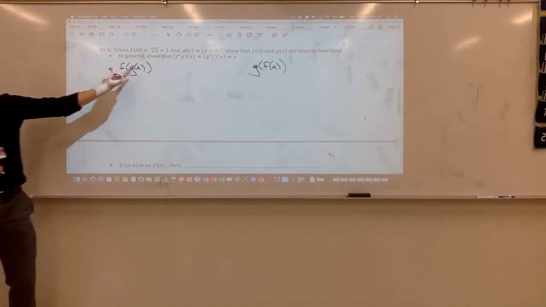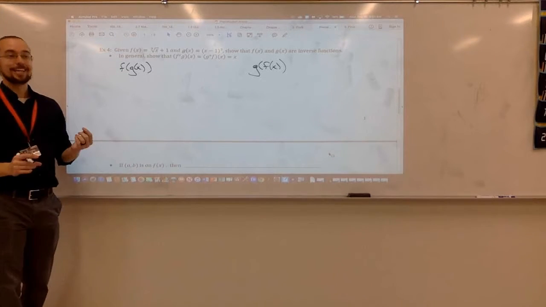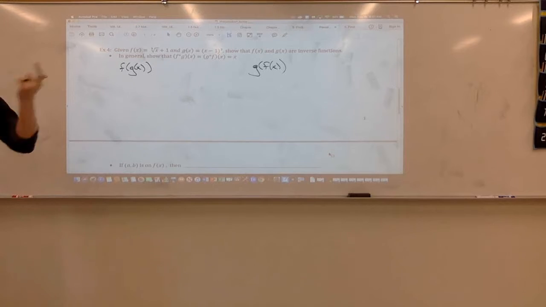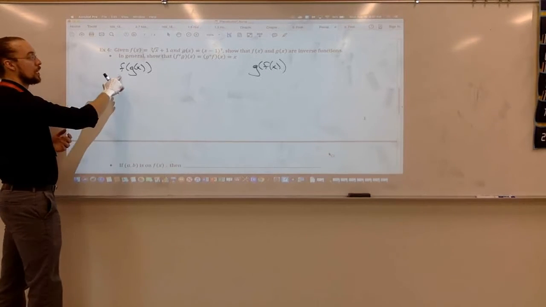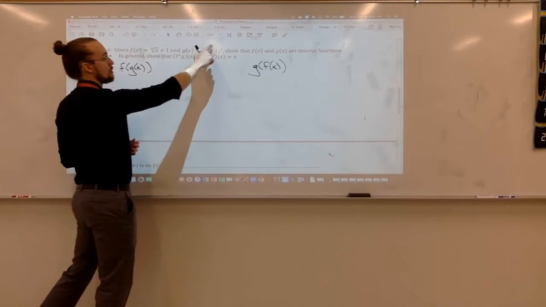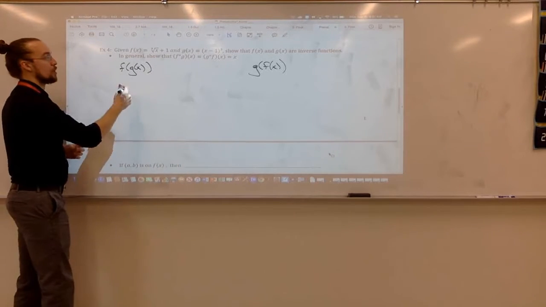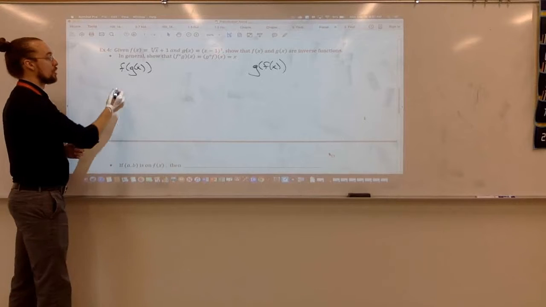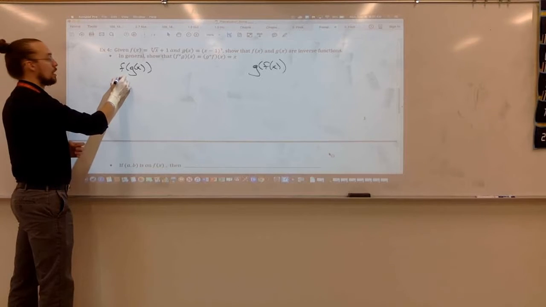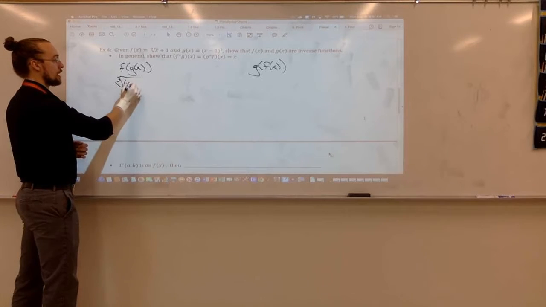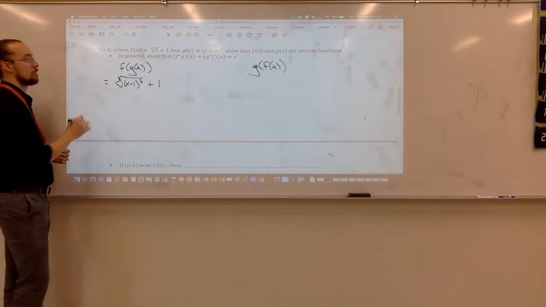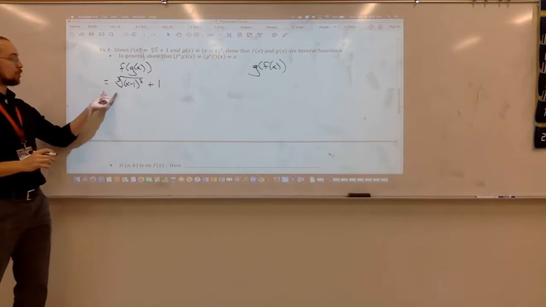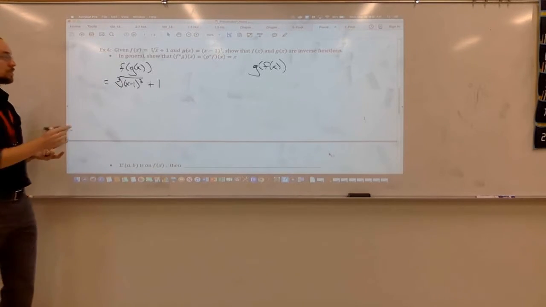When I simplify both of these, I should just get x. If I get x at the end of both of these, then these are inverses. So first, let's take x minus 1 cubed and plug it in for x here. We'll have the cubed root of x minus 1 cubed plus 1. So what's the cubed root of x minus 1 cubed?